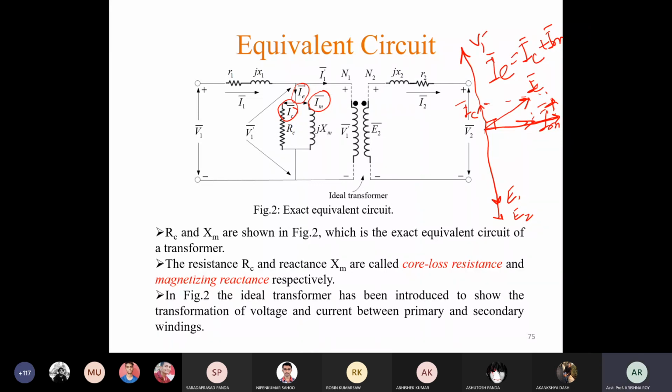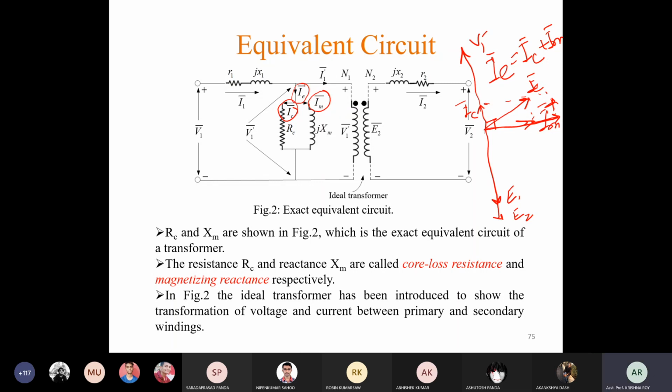IE is the exciting current, which has two components. One is the core loss component, that is IC, another is the magnetizing component, that is IM. The magnetizing component produces the flux phi or phi m. IC is responsible for the core loss, both hysteresis as well as eddy current loss.